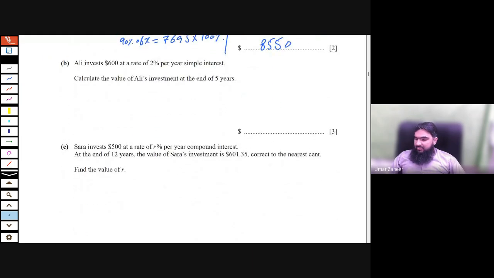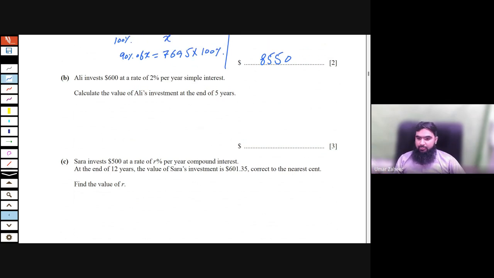Now, Ali invests $600 at a rate of 2% per year simple interest. Calculate the value of Ali's investment at the end of the year. So the total amount is the principal amount that he is going to invest, plus the interest amount.